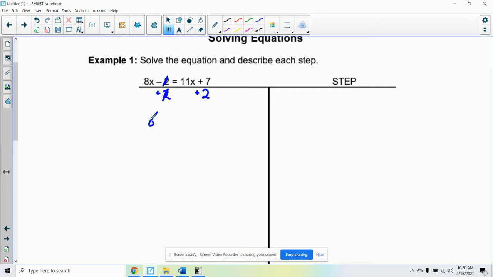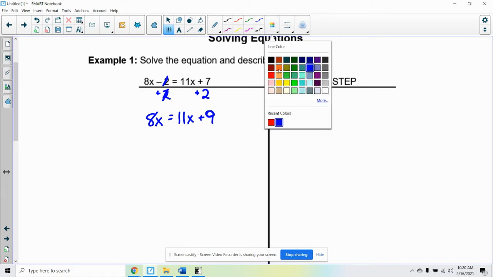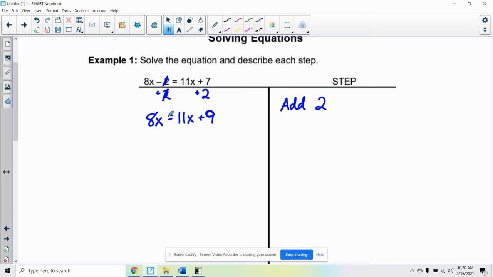So the left side is just going to have 8x left equals 11x. Now I have a 7 plus 2 here. So that's going to be 11x plus 9. What did I do? I added 2. You don't have to fill out that side if you don't want. I'm just doing it so people can revisit their notes and see what we did.